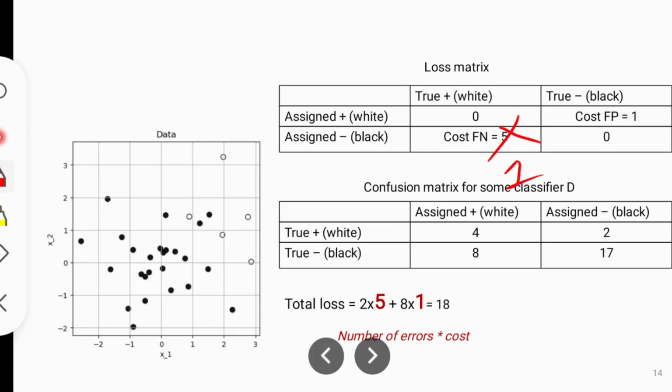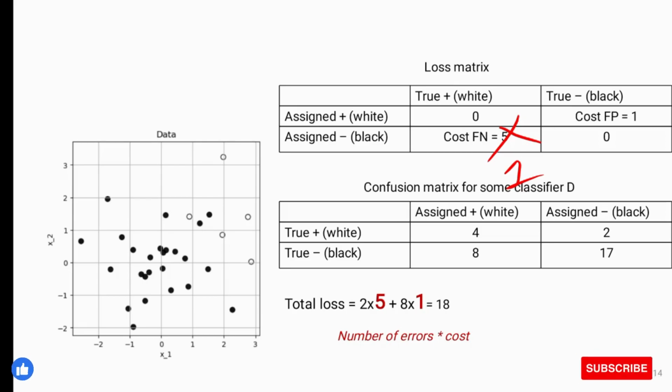It's the same loss, or exactly the same classification problem we've seen before. So it only matters when the two types of error have different costs. If they are both 1 or both 5 or both 50,000, it's exactly the same as just doing normal classification and the normal metrics.